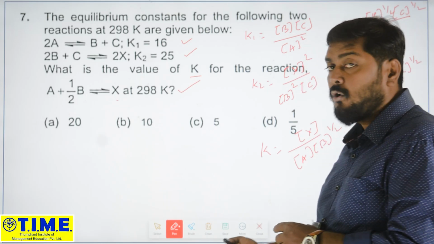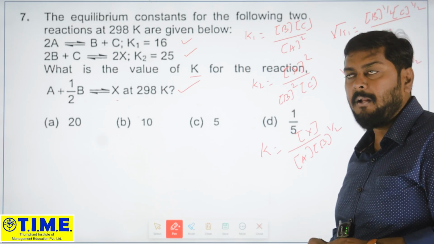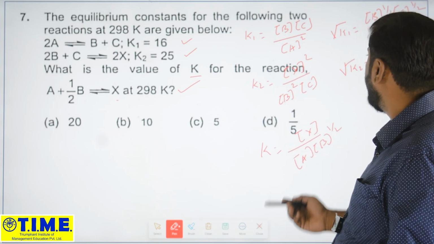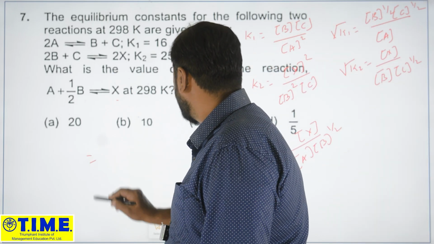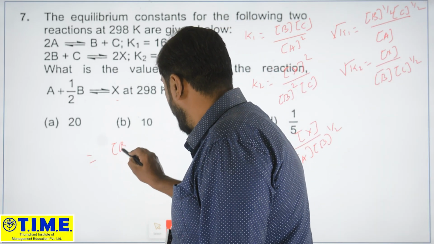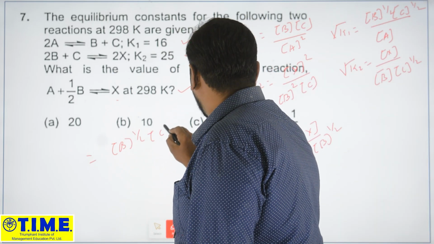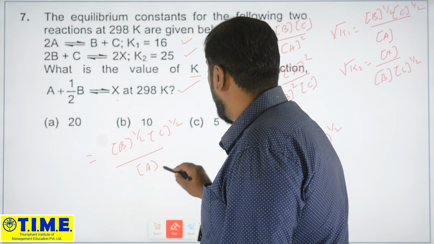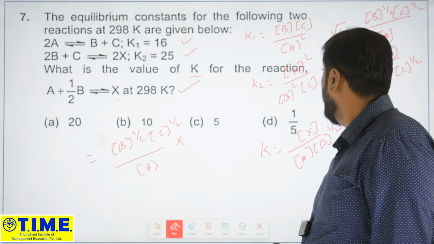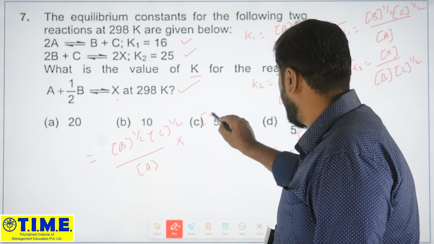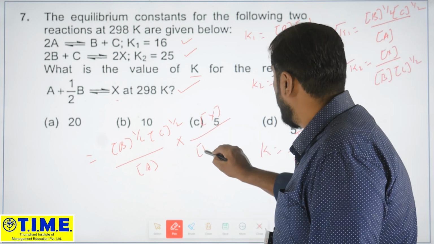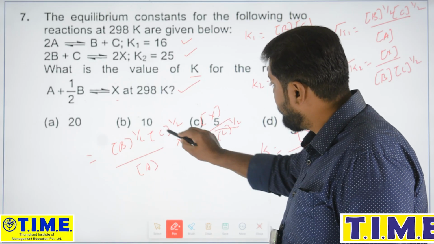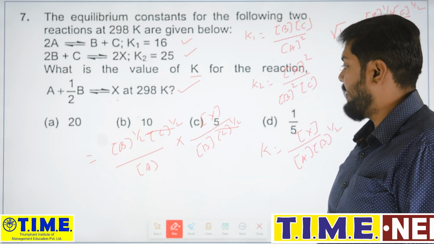Okay, root of K1 and root of K2, when we multiply, let us see whether we are getting K, right? Obviously we will get it. So root of K1 is nothing but the concentration of B power half and concentration of C power half, and in the denominator you will have the concentration of A. And K2 is nothing but the concentration of X divided by the concentration of B into the concentration of C power half. So the C power half cancels, right?